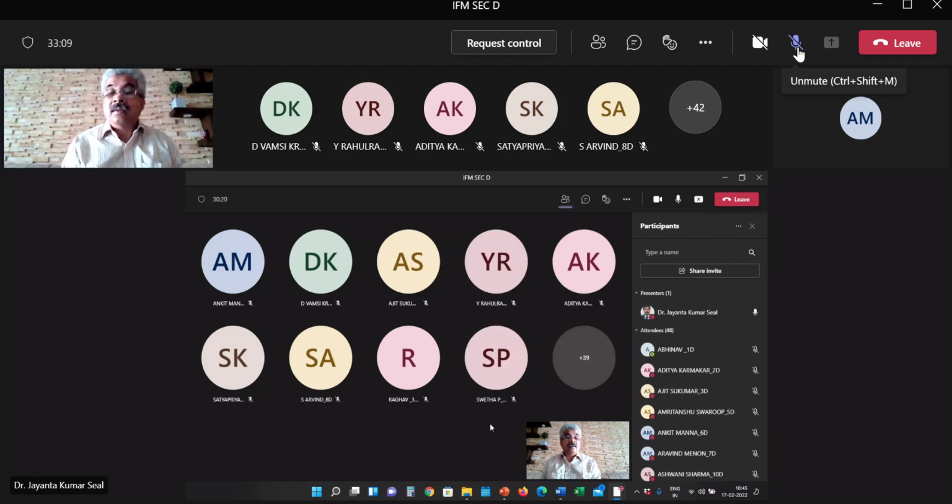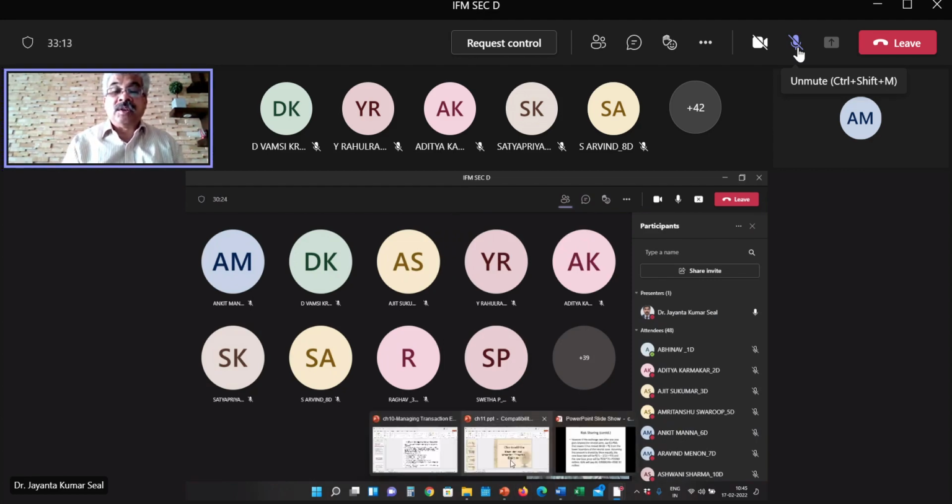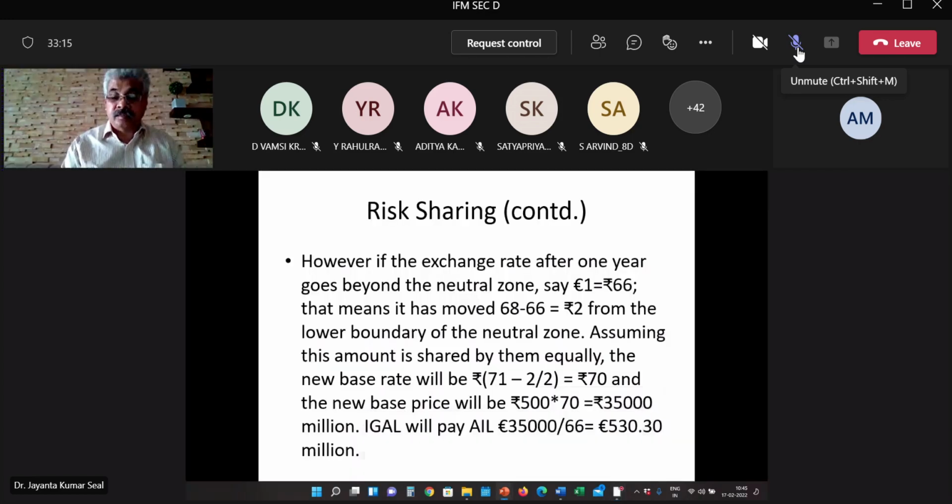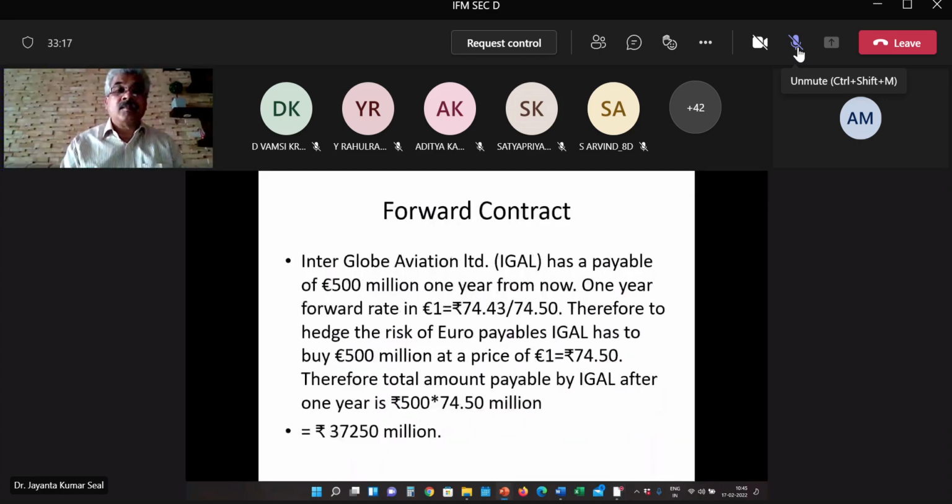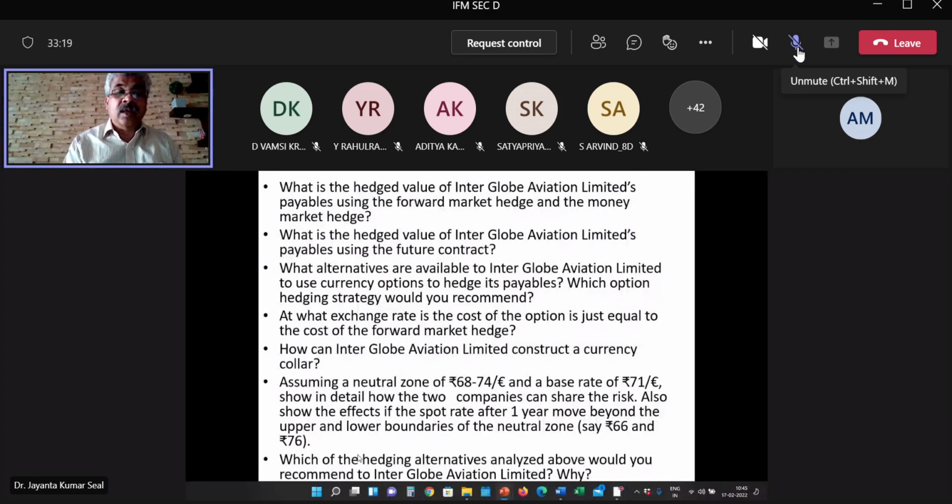Anyway, now the last question which we have is, which method would you suggest? Which of the hedging alternatives analyzed above would you recommend to Interglobe Aviation Limited? As I have told you, the nature of forward market hedge and money market hedge are the same.